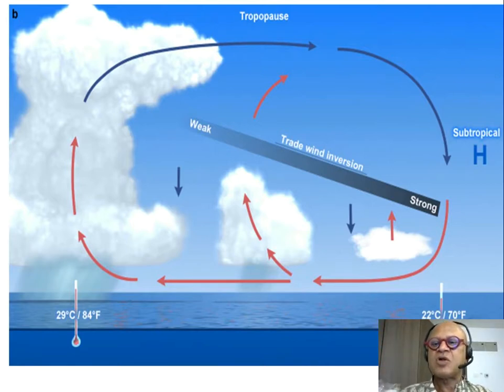And here is the subtropical high that we looked at from the top in the previous picture. And obviously this is the strong descent region with a strong trade inversion. And within the flow that's coming back to supply the rising air, you actually have air going from a cooler place to a warmer place.